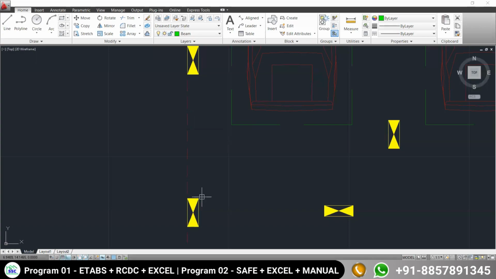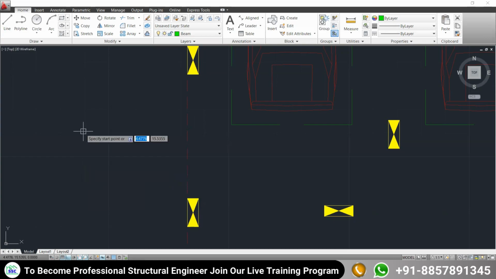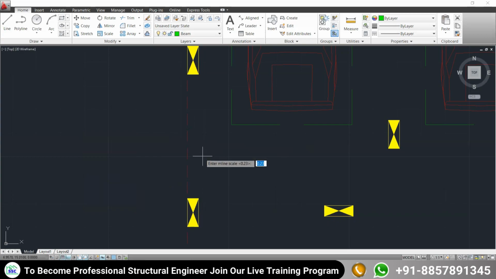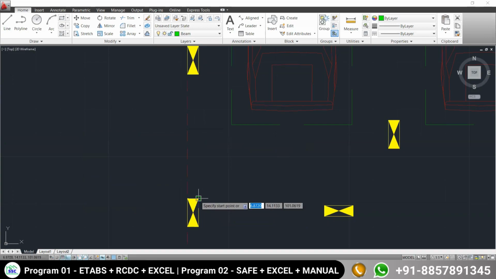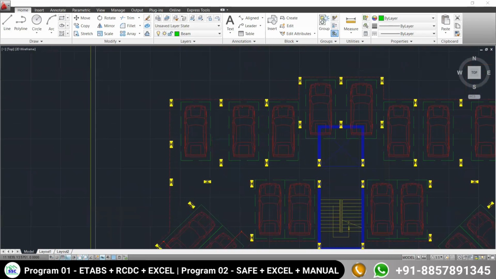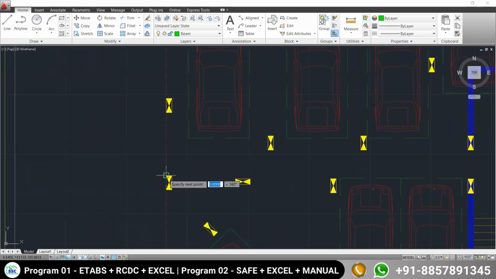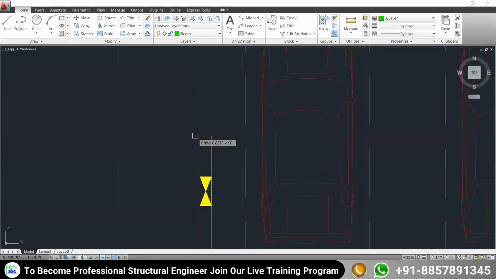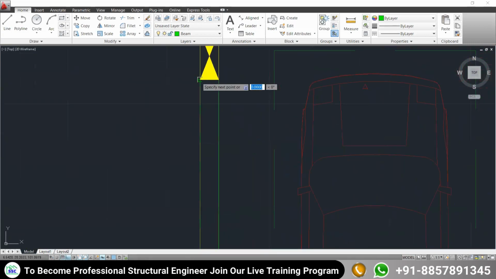Now again press ML enter multi-line, right click on the screen, go to scale, and the scale should be 0.23, enter. Now from here to here beam, then from here to here, from here to here, and from here to here beam will be done.